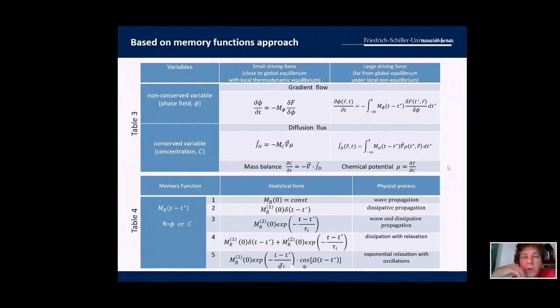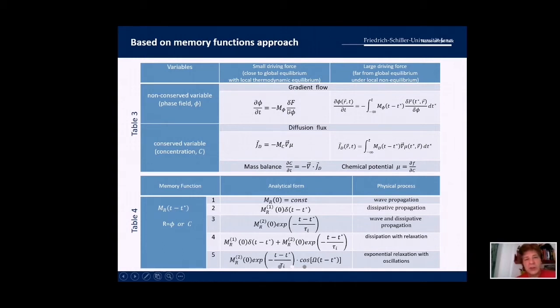We now consider the equations and terms responsible for the fast transition to equilibrium. So at small driving forces, in the diffuse interface approach, we have a direct proportionality between the change of the order parameter phi and the driving force.